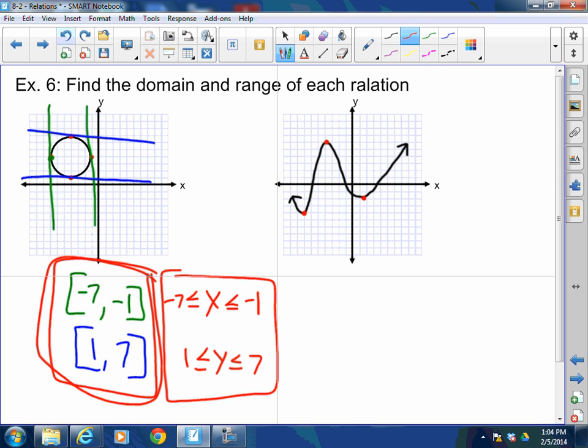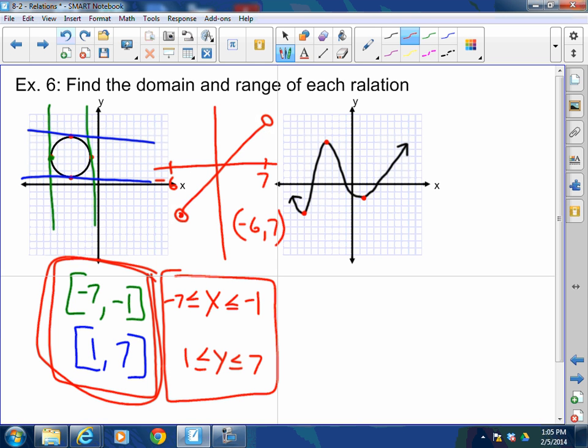It's a bracket because this is a solid circle and the line is equal to. If it was just greater than or just less than, then you use a parenthesis. So if I had a graph like this, but I have an open circle at the end here and an open circle at the end here, and this is negative 6, and let's say that's 7, my domain in this case will be between negative 6 and 7, because it stops at negative 6 but it's not included.